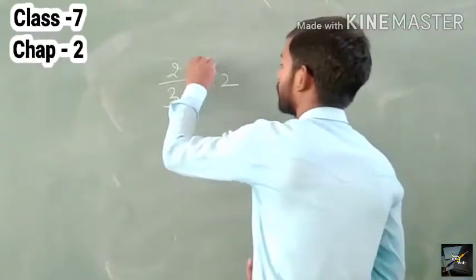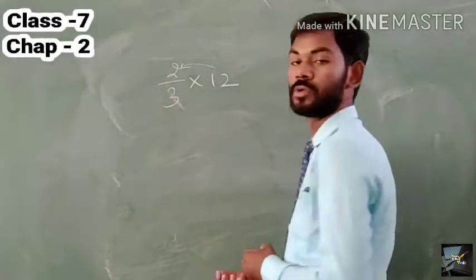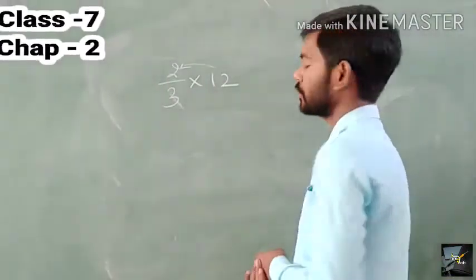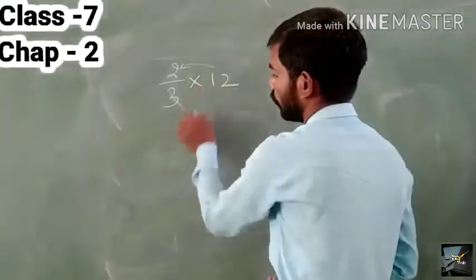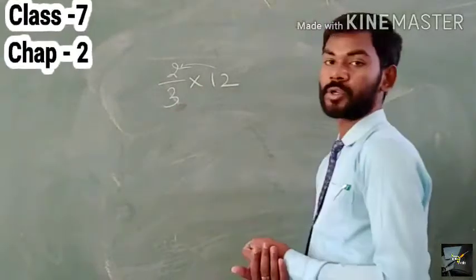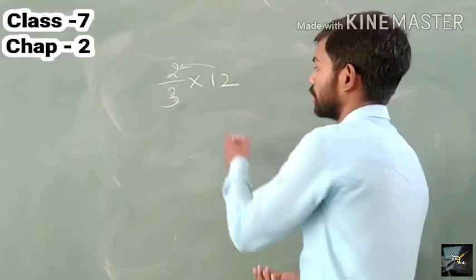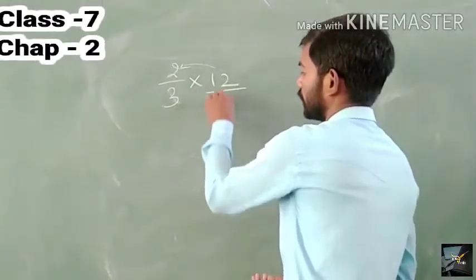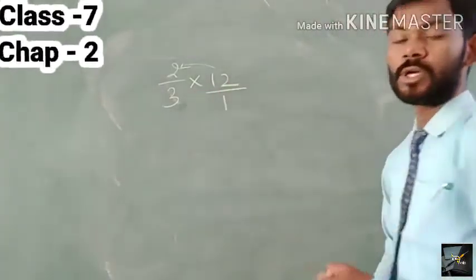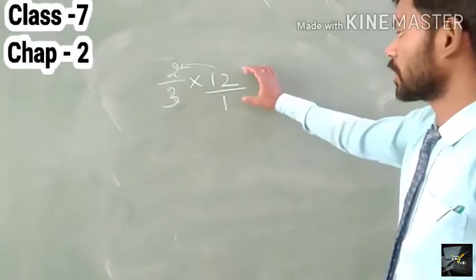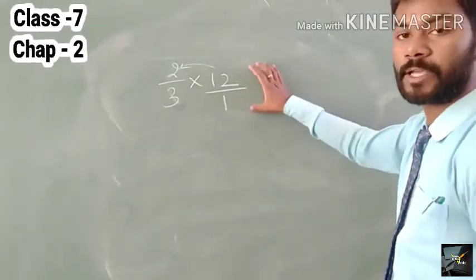Therefore, 12 will multiply with 2. Never multiply the whole number by the denominator of the fraction, because if you have any confusion, then you can write upon 1 with the whole number in order to convert the whole number into a fraction.